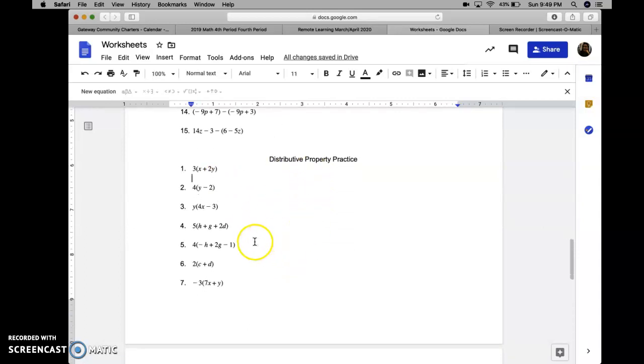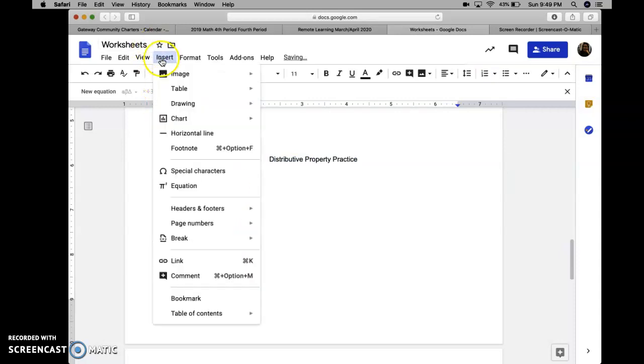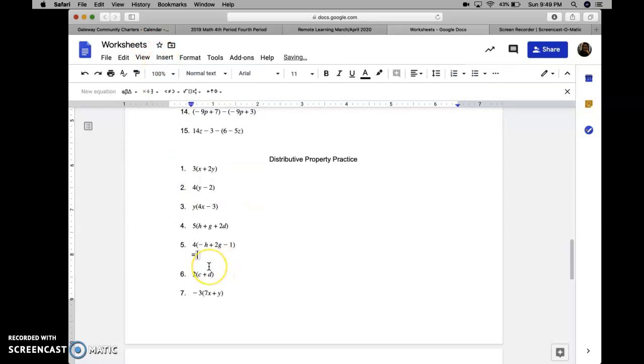This is practice from what we went over in class, distributive property practice, and I can do one of these to remind you how to distribute. So with distributive property, what we did was we multiplied each term in the algebraic expression by the number in front of the parentheses. So in this case, 4 gets multiplied by each term in the algebraic expression.